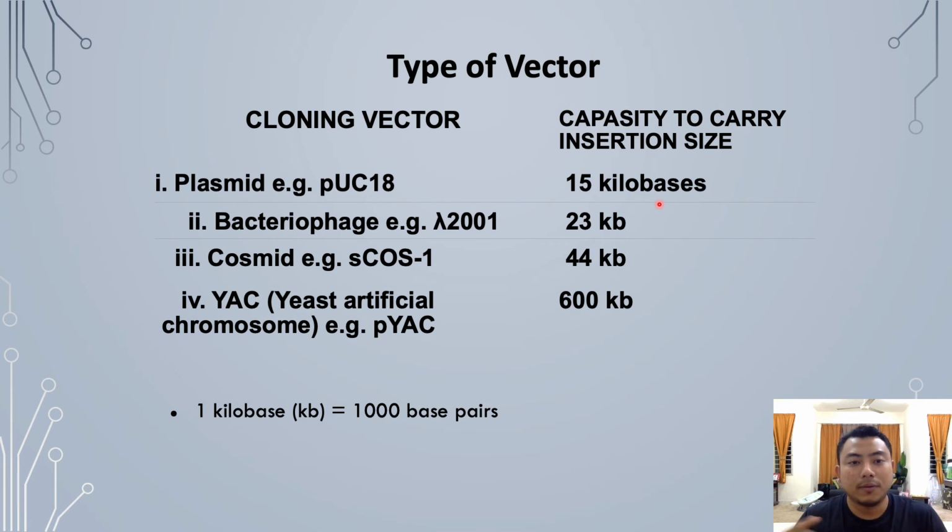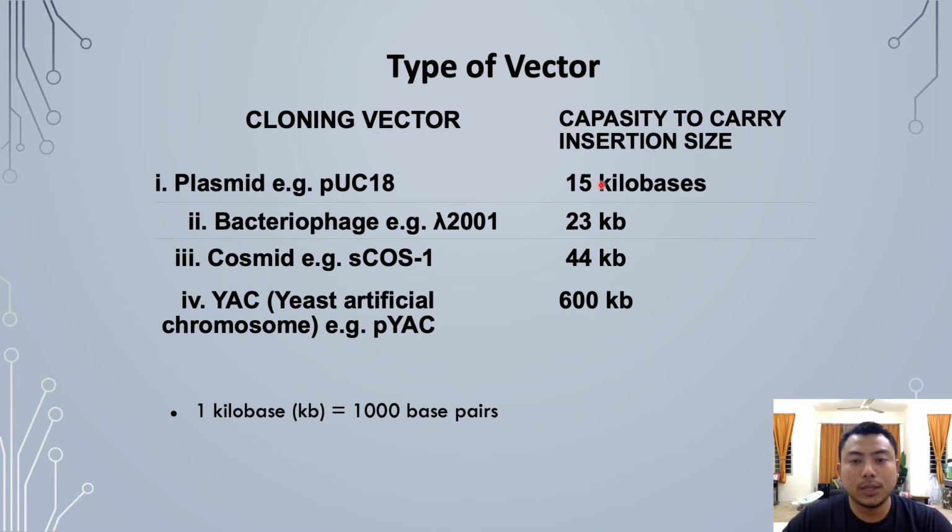Okay. However, for bacteriophage lambda 2001, 23 kilobases can be inserted. For cosmid, 44 kilobases, and we have the biggest here with the yeast artificial chromosome, up to 600 kilobases. That's quite long for a gene to be inserted.